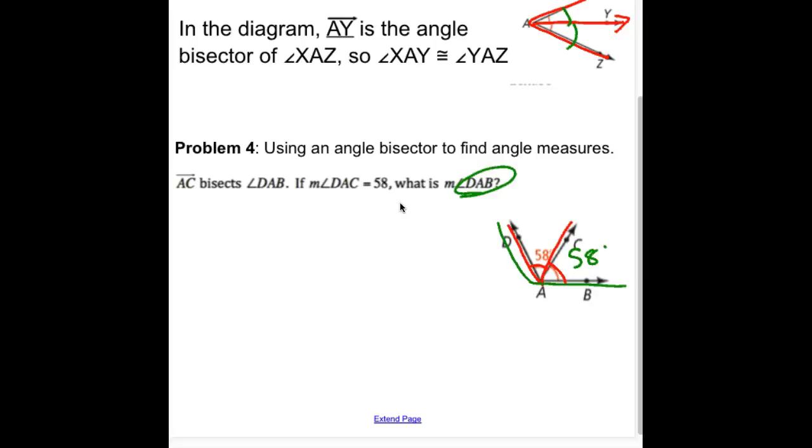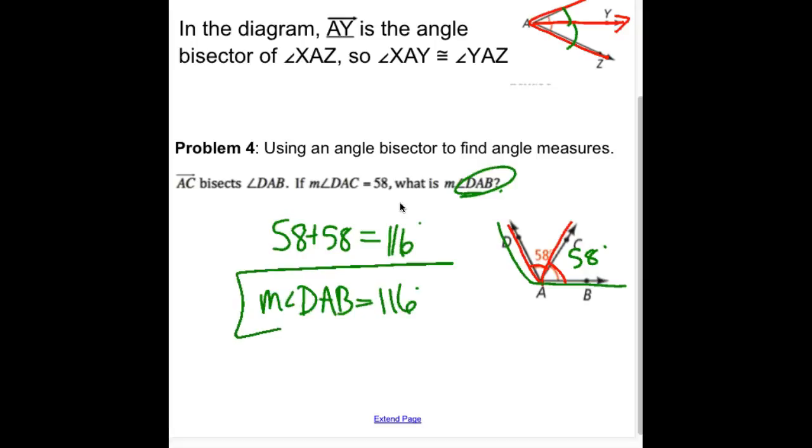The two angles of 58 degrees together should make the entire angle. We go 58 plus 58, add those up, 116 degrees. So the measure of angle DAB should be 116 degrees. Now, typical problems like this, you'll have a little bit more algebraic work to do, but that's the basic gist of it.